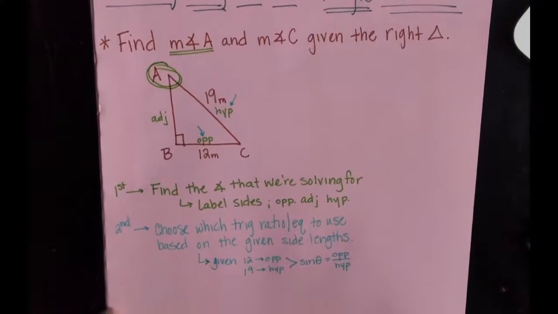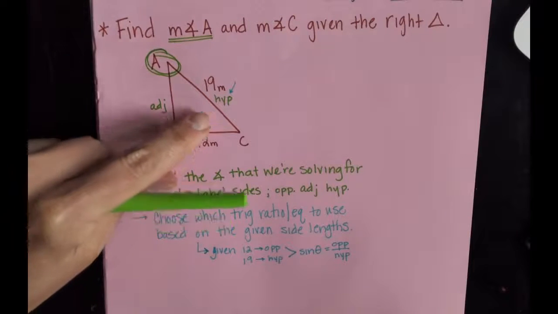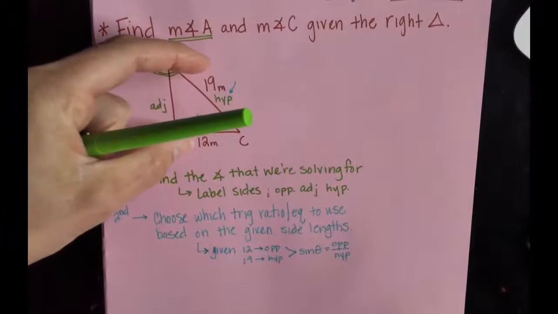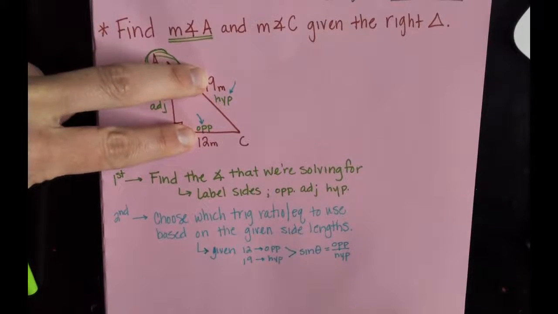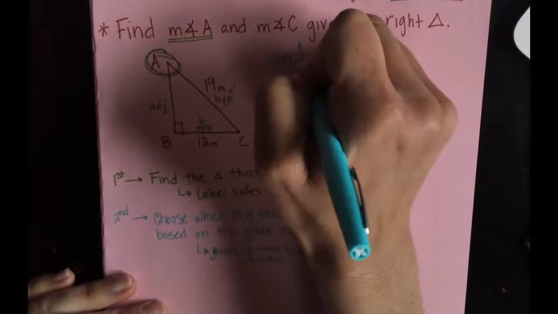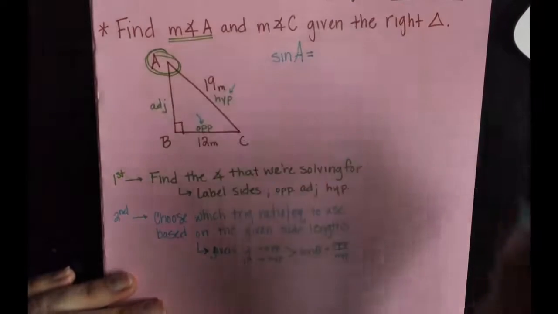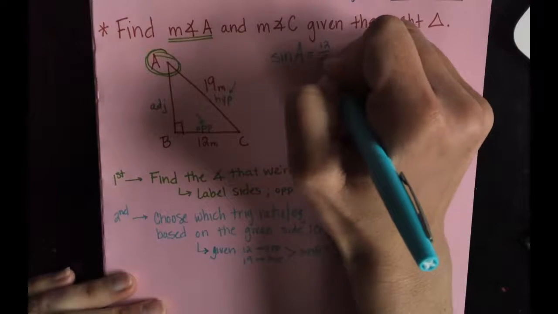All right, so again, because we're finding angle A, we're looking at what we've labeled, and it's telling us these are the two values we want to use. So up here, we're going to now do sine. We want sine of angle A equals opposite over hypotenuse, so 12 over 19.